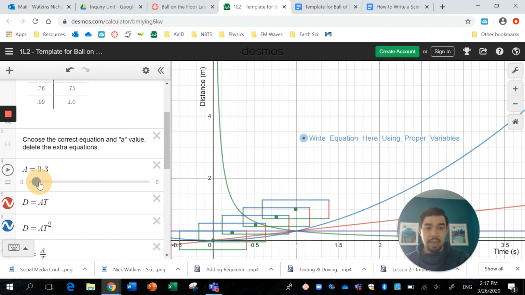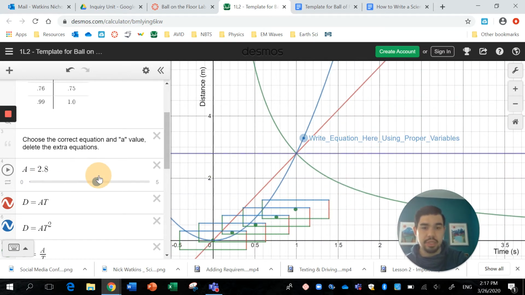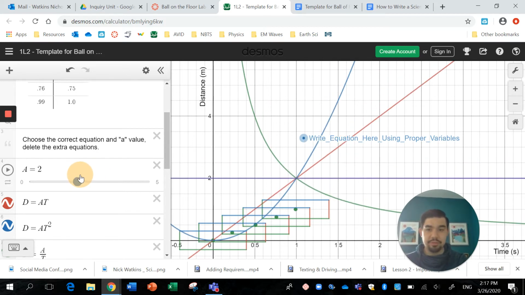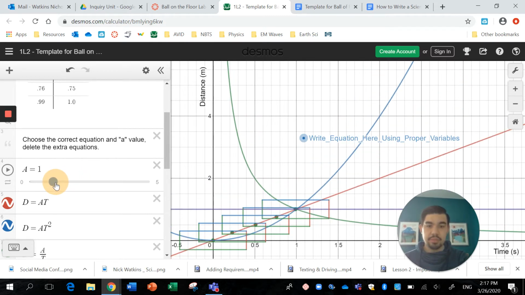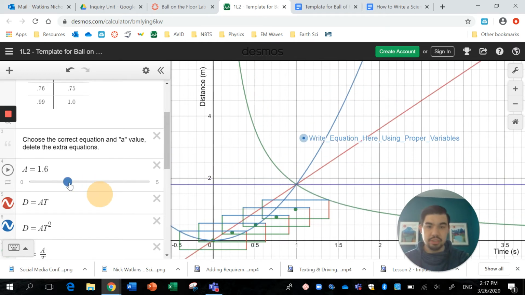As we start moving this slider, we get all these different colored lines. Our goal is to figure out the line of best fit for our data, so we adjust our A slider until it fits our data. If you're having trouble, you can do a process of elimination.